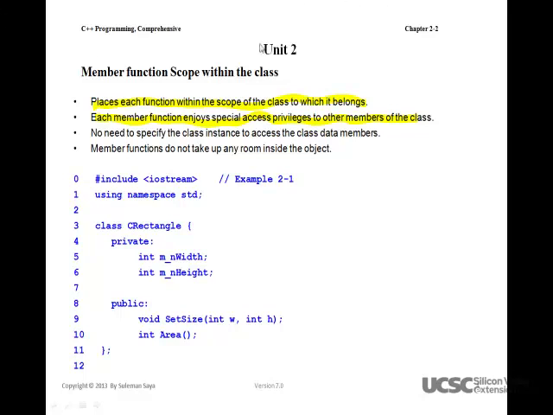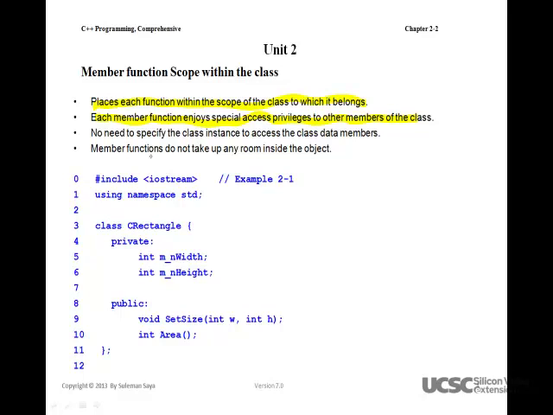So there is no need to use the object or create an instance of a class to access the data members, because the member function is part of the class. Therefore, you do not need to create an object within the body of the member function. Directly access the data members.